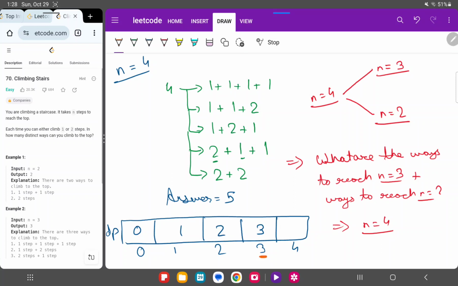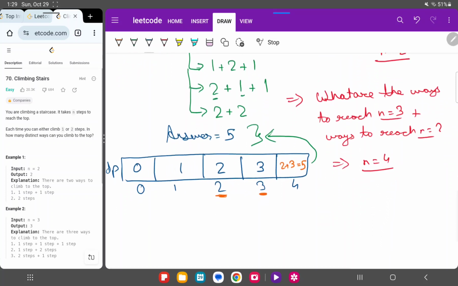These many ways. What are the ways to reach n equals 2? So the ways to reach the 4th staircase from the 2nd or the 3rd staircase is 2 plus 3, which is 5. Is this true? Can we verify this? So this is essentially this, hence verified. Let's verify our hypothesis with one more case, n equals 5.